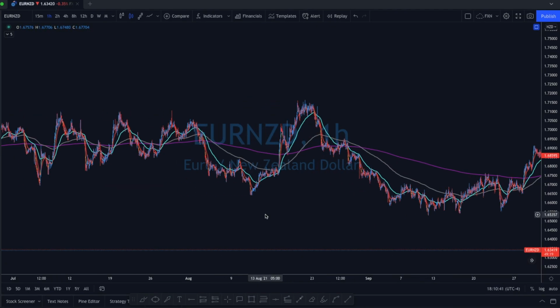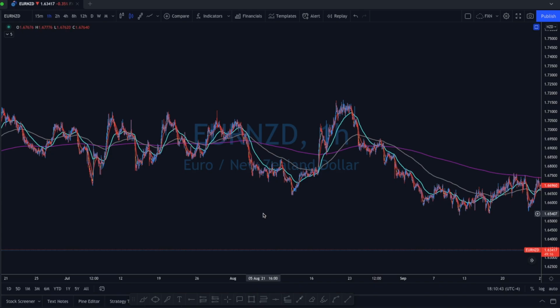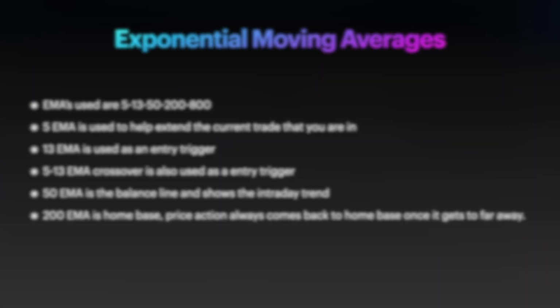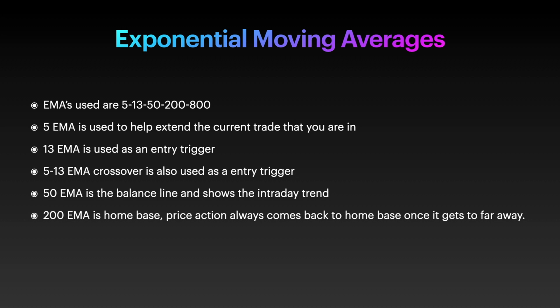That's why the majority of the resets that you see happen at the 200 EMA. The 200 EMA is also used as a take profit. When the EMAs are in our favor, meaning they're either above us or below us, we can use them for take profits, especially the 200.